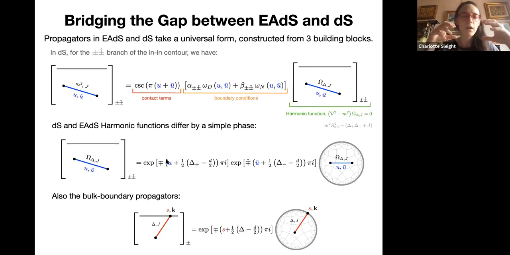If you take a bulk propagator in AdS, the analytic continuation will not be a good bulk propagator in de Sitter. Instead, what we are doing is taking the harmonic function and analytically continuing that. After you've done that, you can then multiply by these projectors, which impose whatever vacuum you want to work in de Sitter. Okay. Thank you.